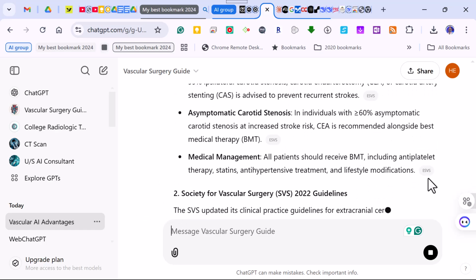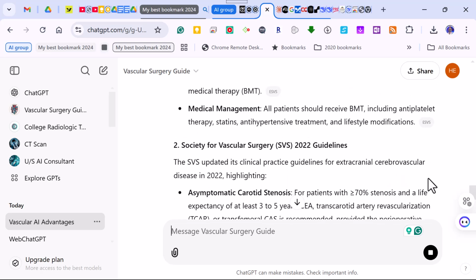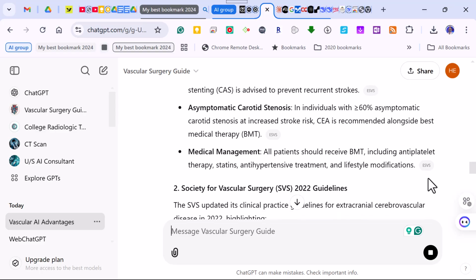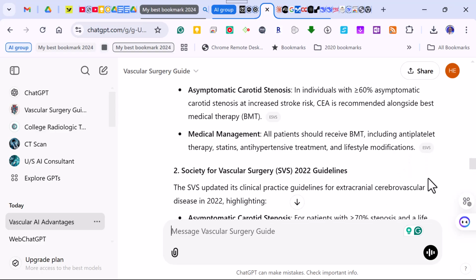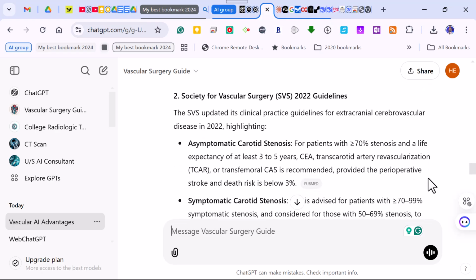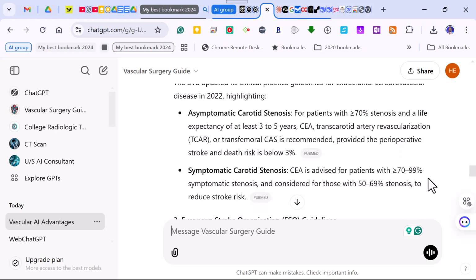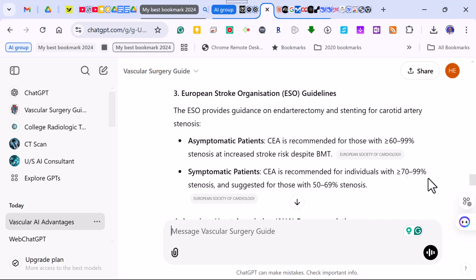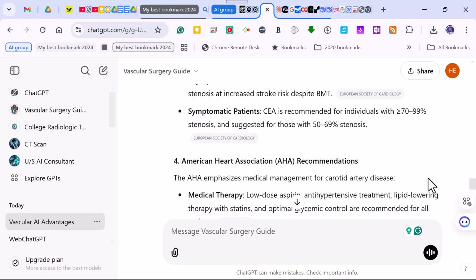Management of carotid artery disease. Let us see. I would pick, yes, SVS 2022 guideline. Society for Vascular Surgery 2022, and here is a brief summary about what to do for asymptomatic. European Stroke Organisation also, yes, they have their own guideline.